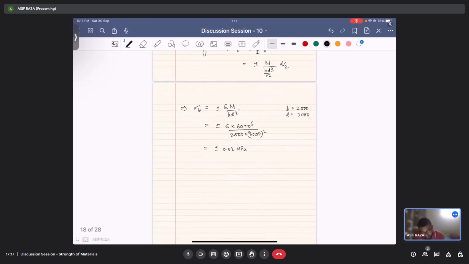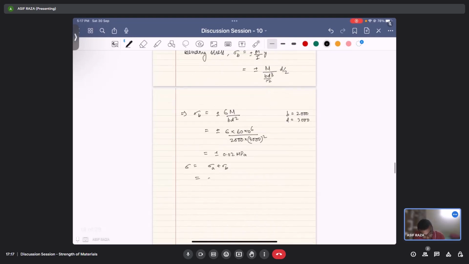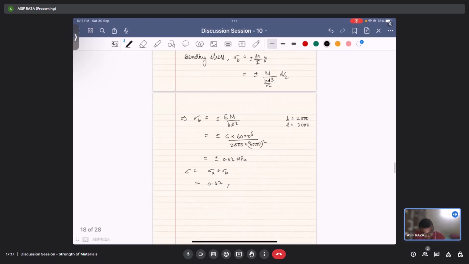If I write sigma as sigma a plus sigma b, it will be equal to 0.12, and 0.1 minus 0.02 is 0.08.